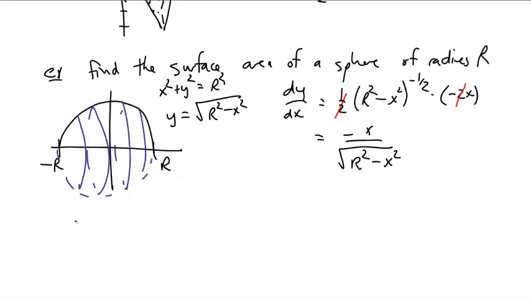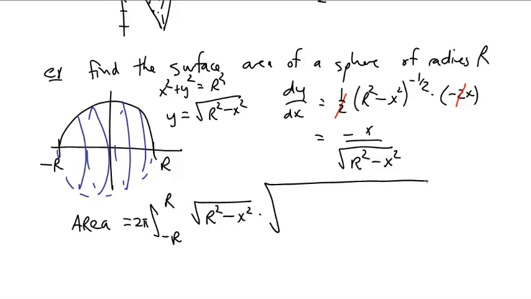So our area is going to be the integral, put the 2 pi out front, from negative r to r of the function, which is the square root of r squared minus x squared, times the square root of 1 plus that derivative squared. Now this thing squared, that's kind of nice. That's x squared over r squared minus x squared.